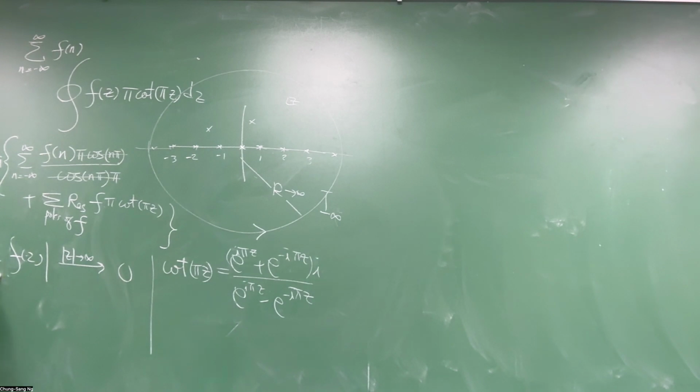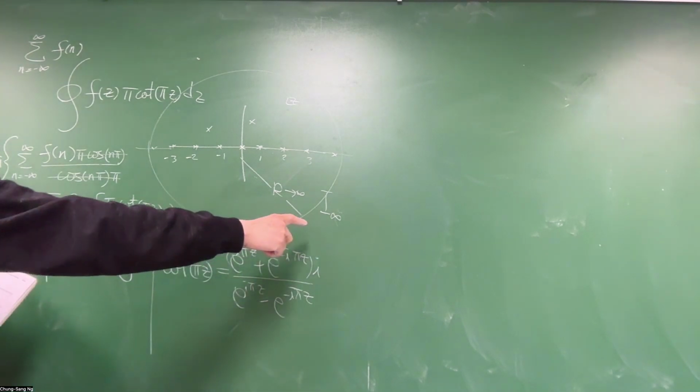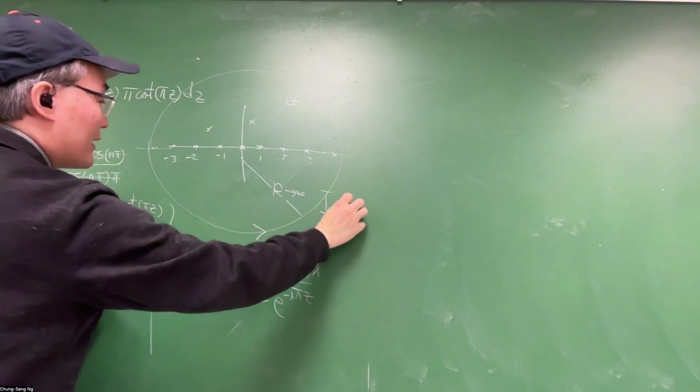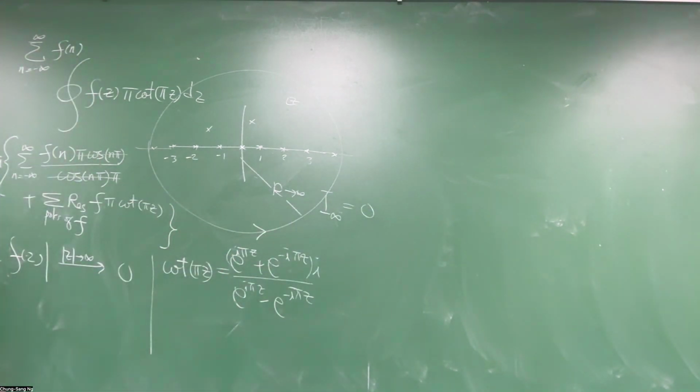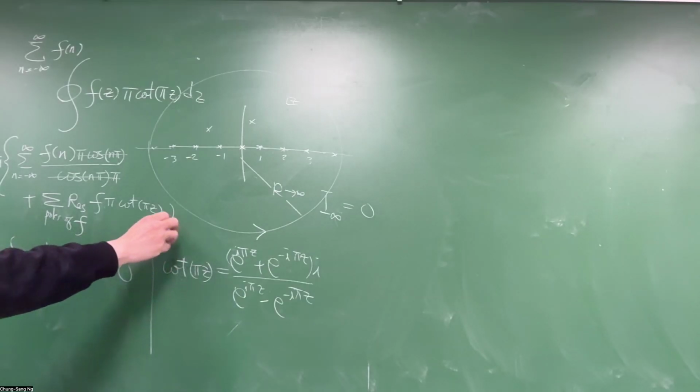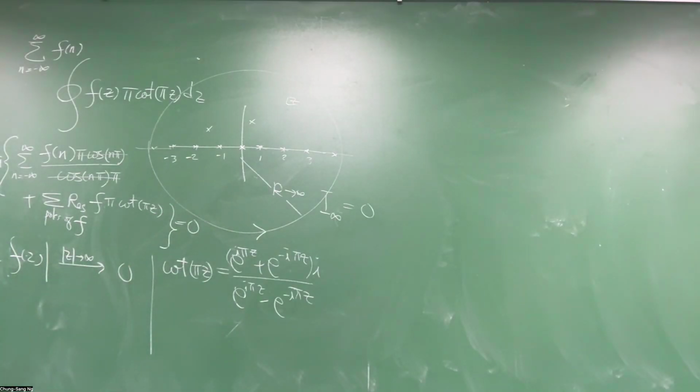So if this is satisfied, then I infinity will be zero in the limit of r going to infinity. So this integral goes to zero, arguing that this equals zero. So then the final formula that you can use is the sum over n from minus infinity to infinity of f(n) equals minus the sum of the residues of f times pi cotangent pi z at all the poles of f.